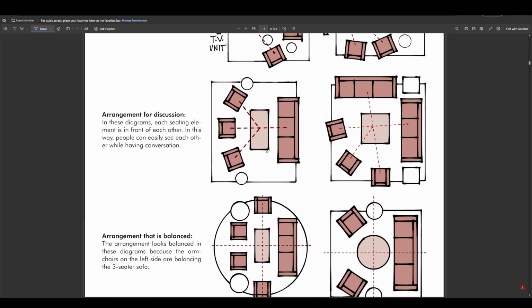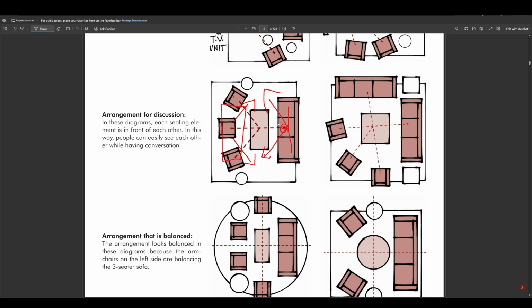So if there is a discussion, this is one. We can place three seaters here also, but then the spacing will be very congested. For this the vision will be a little weird, and for this the vision will be very weird.